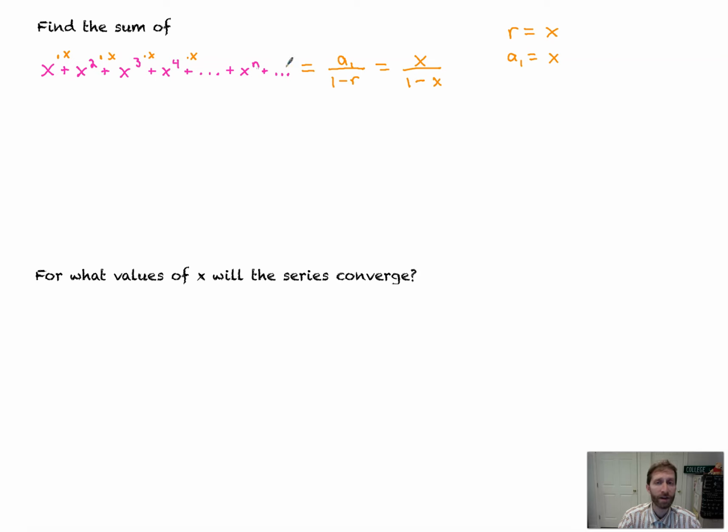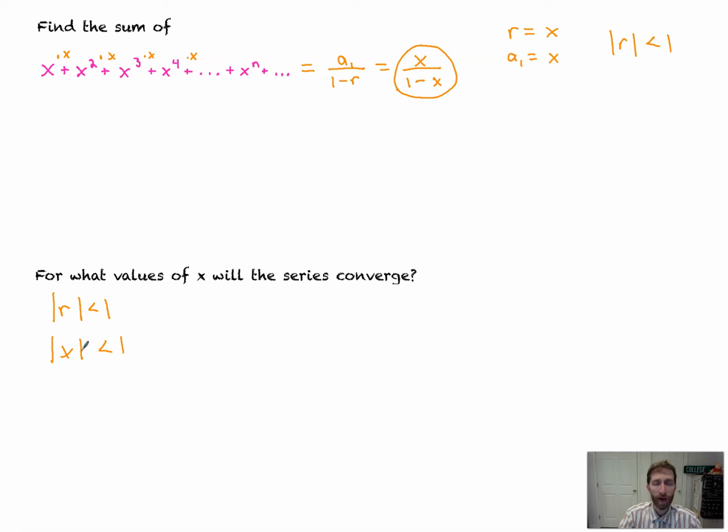So the infinite sum of that series is this, provided that, and that's where this question goes, the absolute value of r is less than 1. The question says, for what values of x will that series converge? Well, it's only going to converge if the absolute value of r is less than 1, and r is x, so the absolute value of x needs to be less than 1.